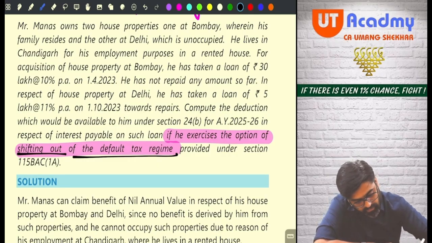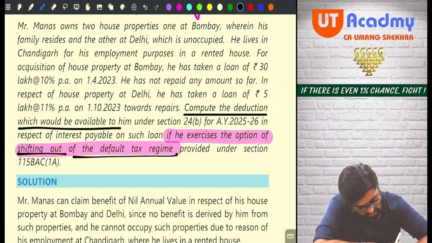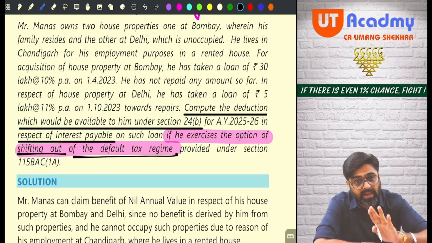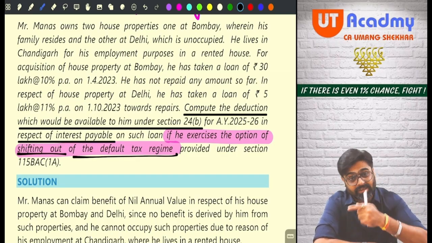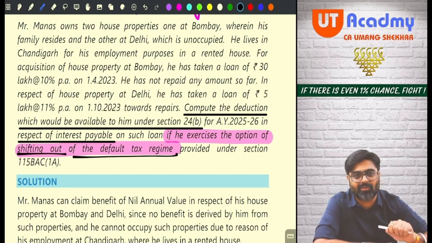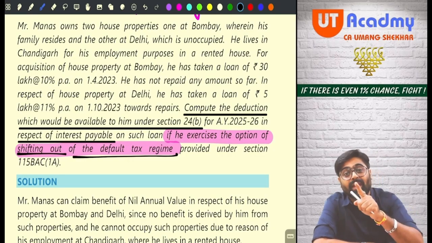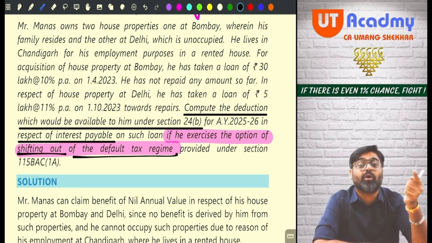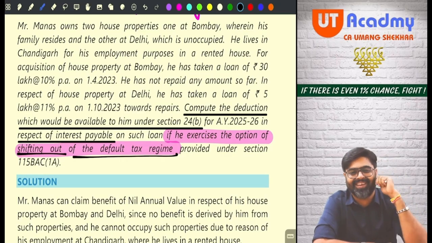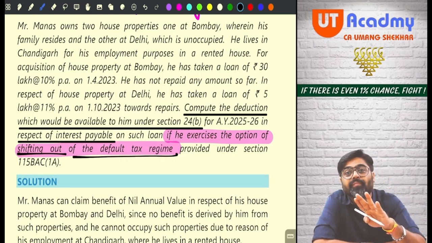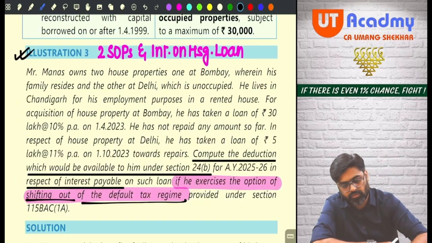They are telling you to compute the deduction which would be available to him under section 24B in respect of interest payable, which is available because you are not following 115 BAC. But if they would have kept the question same and told you that he was following 115 BAC, then your answer should have been directly nil. Got it? Everyone? Shall we? Come on. See.